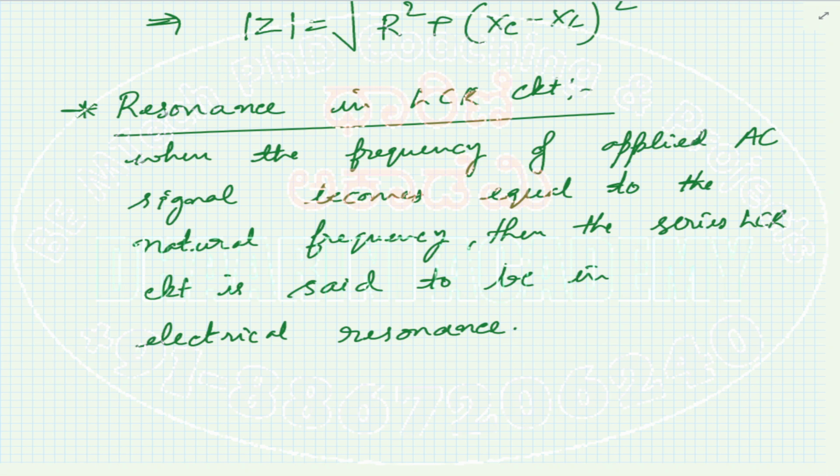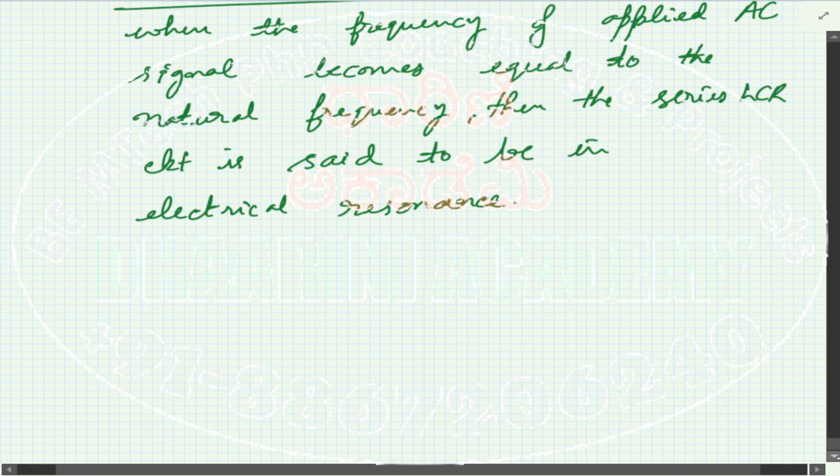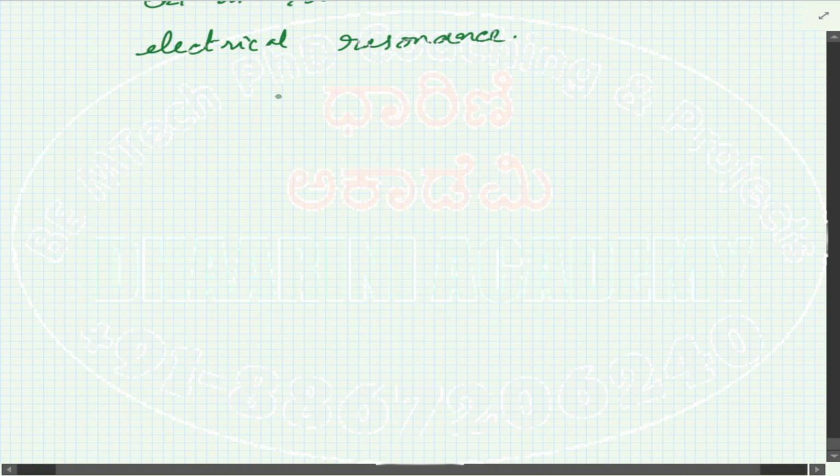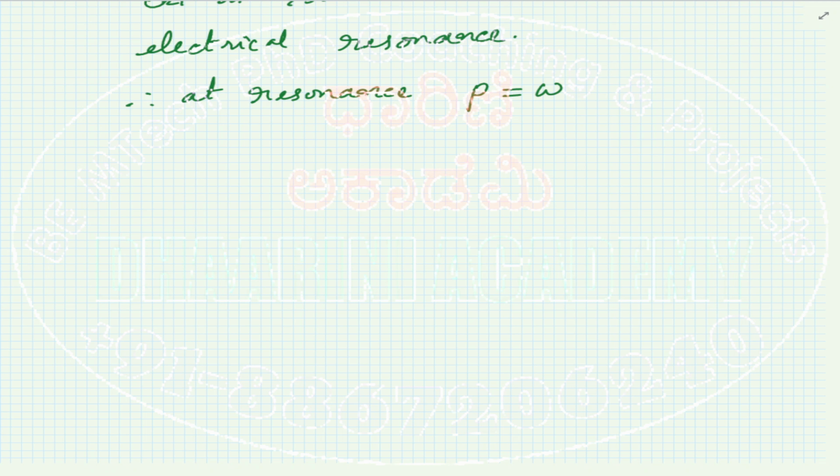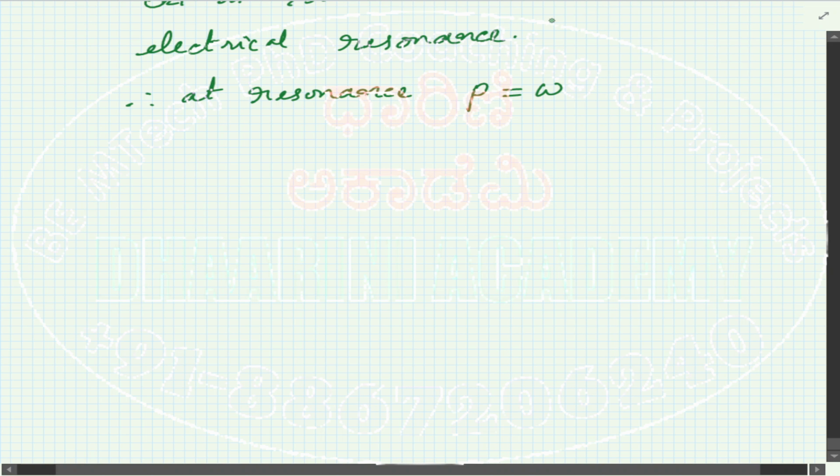So the point is that at resonance the P becomes equal to omega. Therefore, at resonance the input frequency P becomes equal to omega, which is the natural frequency of the circuit. This is equation 1.